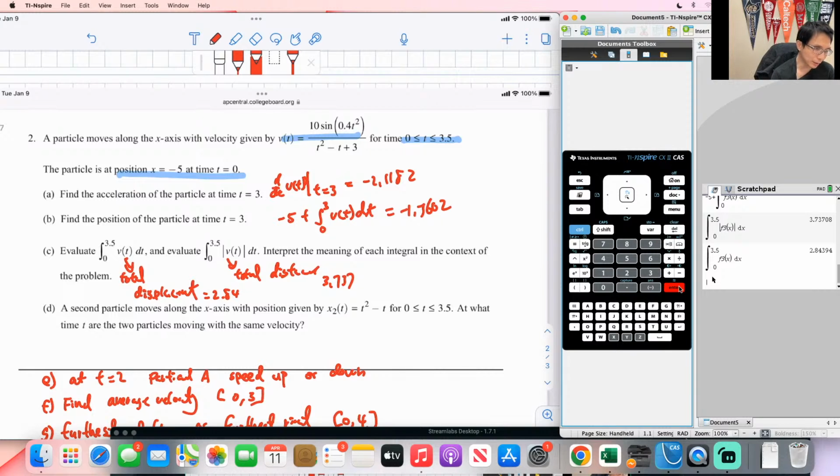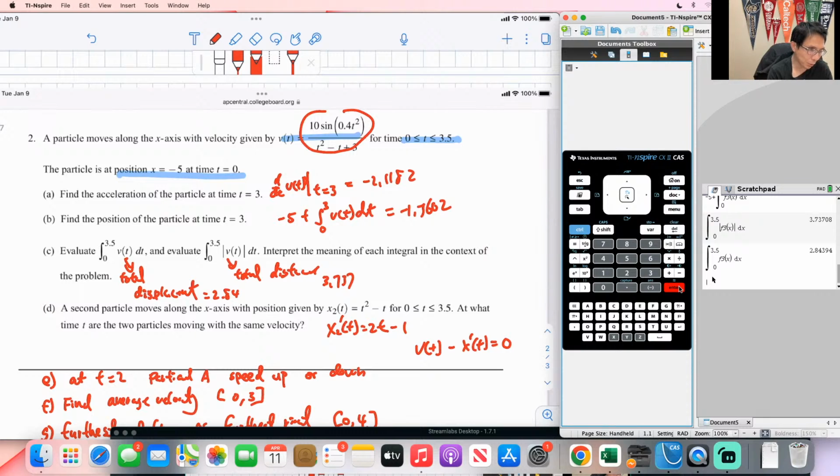How do I compare whether they are the same velocity? Well, I can take a derivative of this, right? It's equal to 2t minus 1, right? And I can graph it, I can set this minus that. So v of t minus x prime of t is equal to 0. Do you see what I'm saying? No, I'm not.